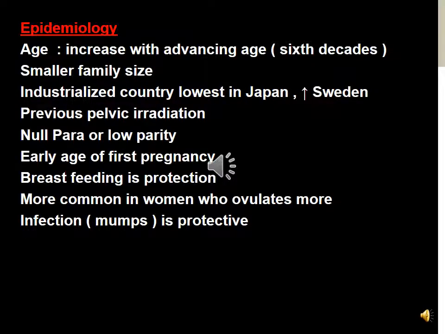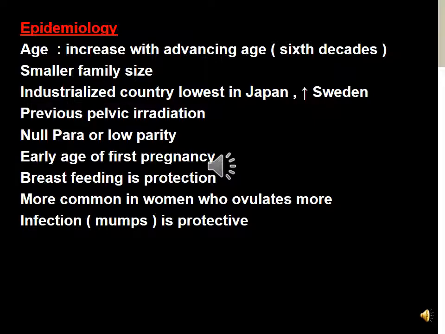Now I'm going to talk about the epidemiology. What are the factors that increase the risk of ovarian tumor, and what are the factors that reduce the risk of ovarian cancer? The age: ovarian cancer increases with advancing age. The smaller the family size, the more risk of ovarian cancer.